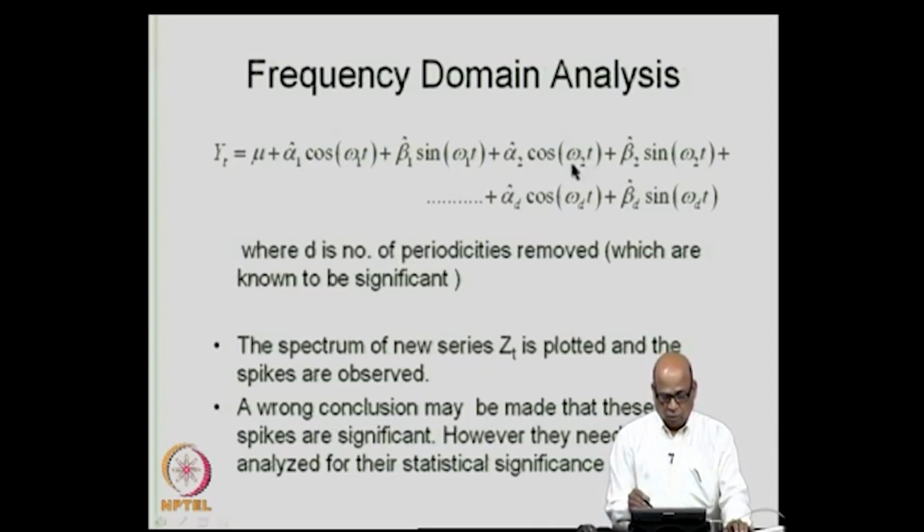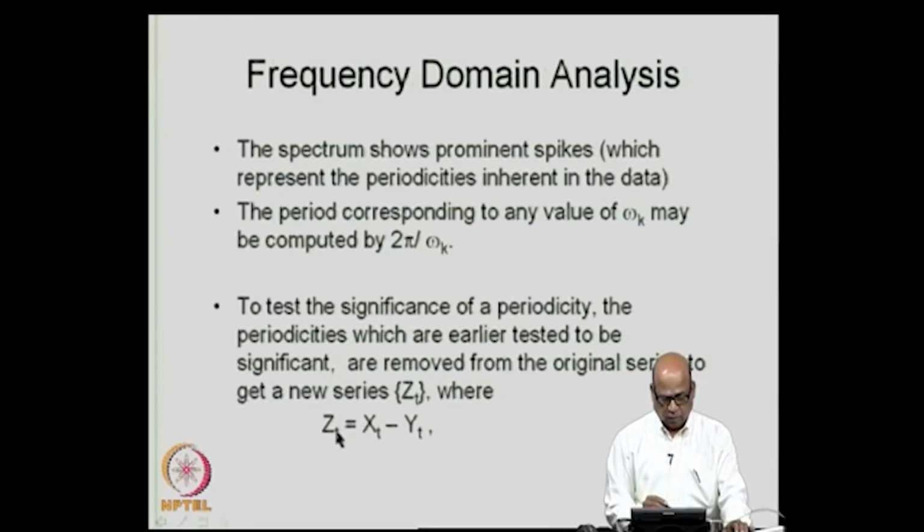So, you write y t using your frequency domain notation as y t is equal to mu plus alpha 1 cos omega 1 t and so on. This term corresponds to the first periodicity omega 1, this term corresponds to the second periodicity omega 2 and so on. So, you deduct terms corresponding to d number of periodicities up to omega d t. So, we are actually removing d periodicities through this series y t, and you are constructing z t is equal to x t minus y t with d number of periodicities removed.